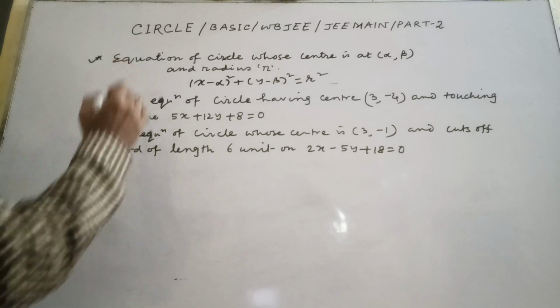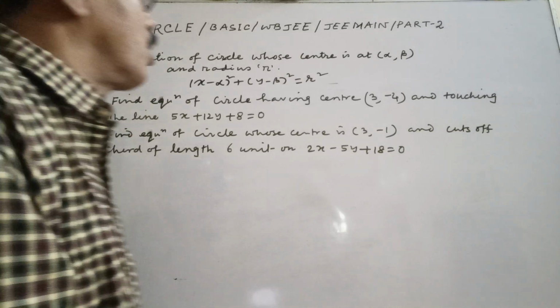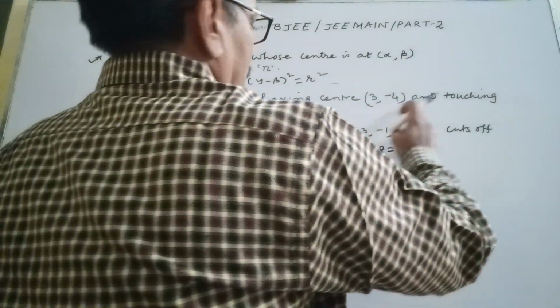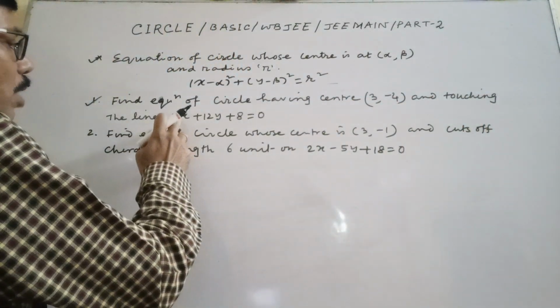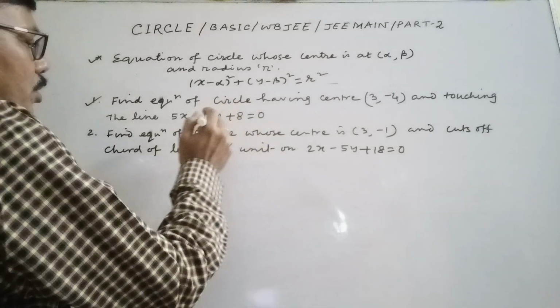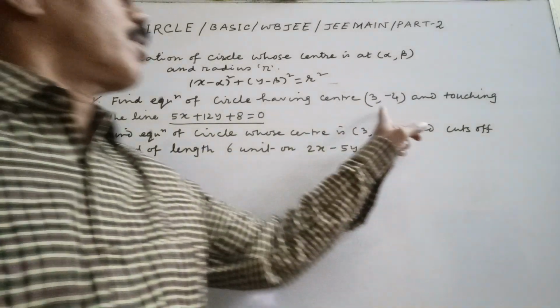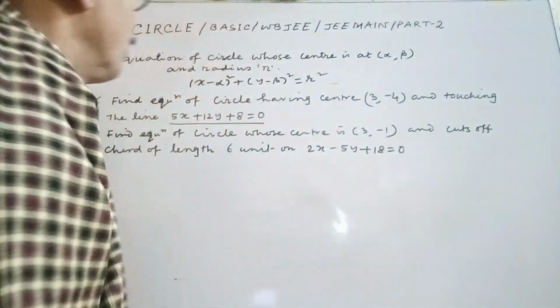Now problem number 1. Find the equation of circle having center (3, minus 4) and touching the line 5x plus 12y plus 8 equals to 0. So center (alpha, beta) is given.